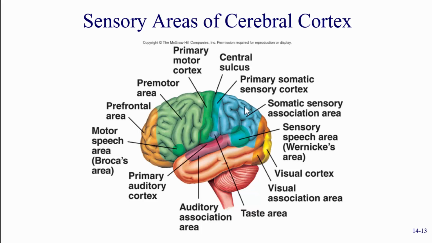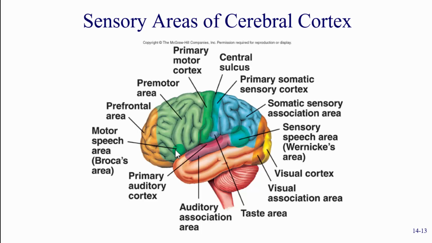And here I did mention the somatic sensory association area, along with the premotor cortex or premotor area. In the front, we have our prefrontal area. Now this little V shape here in the premotor area, this is called Broca's area.